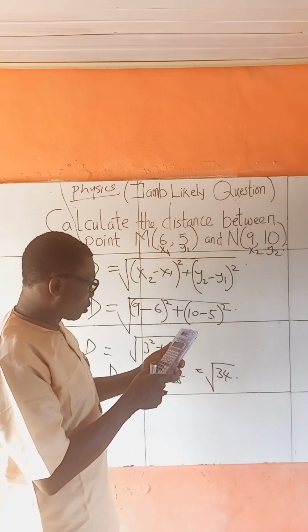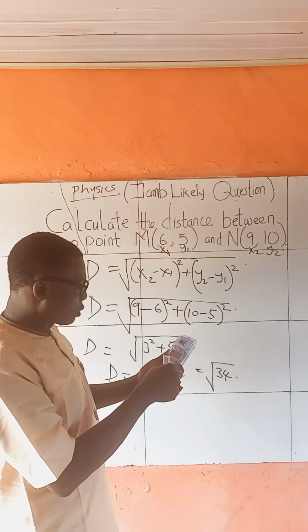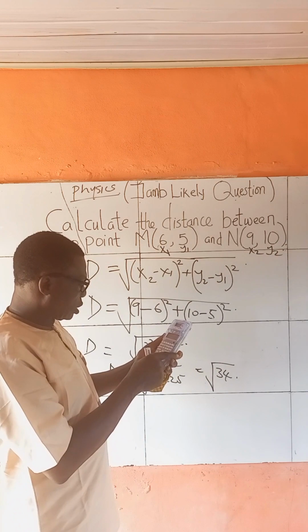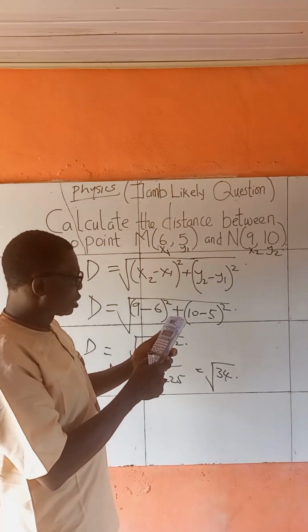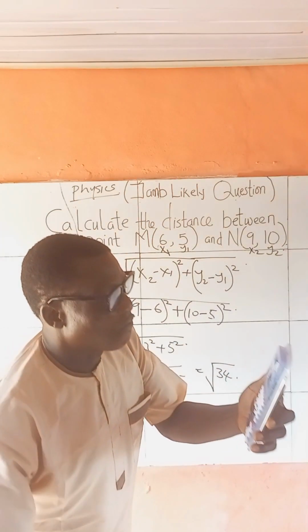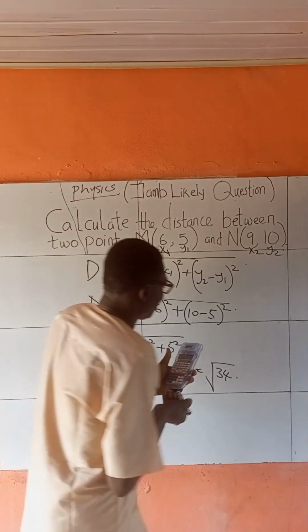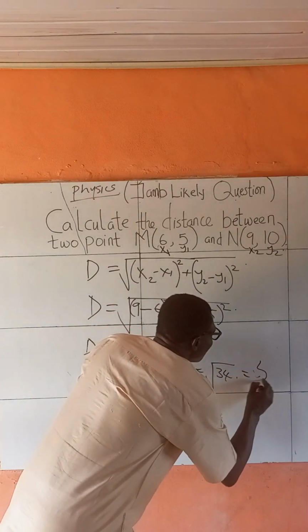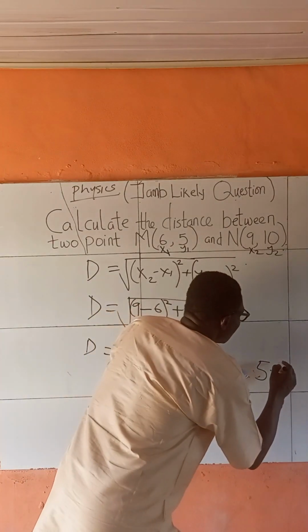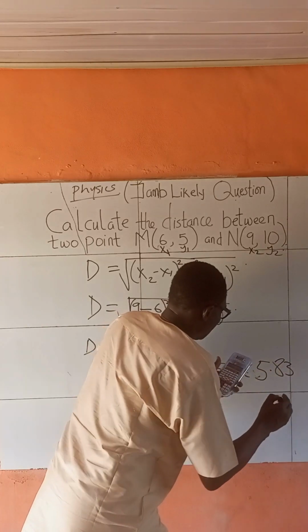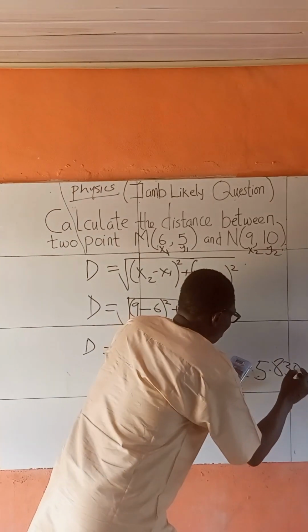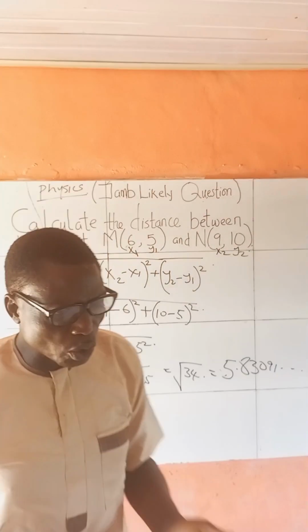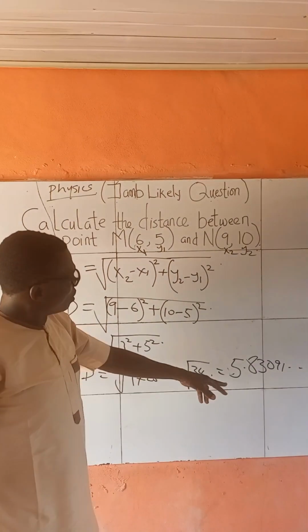The square root of 34 gives me 5.8309 and so on. Now, I want to use this opportunity to teach something here. Look at this.